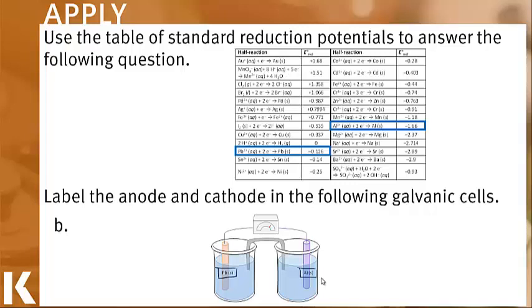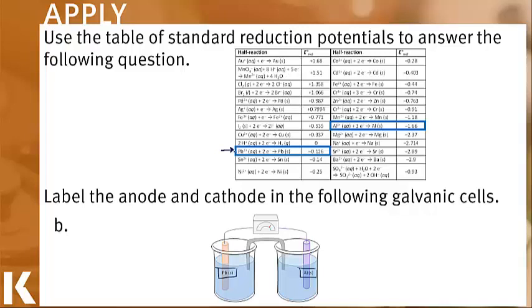I mentioned earlier that the cathode will have the most positive of the reduction potentials. Since lead is the closest to zero, it is a more positive reduction potential than the aluminum's reduction potential of negative 1.66.